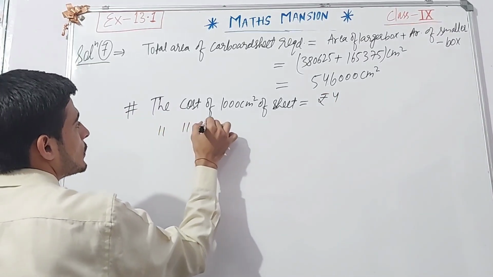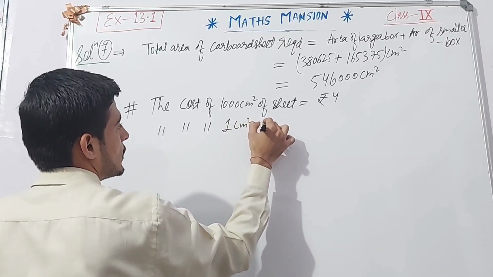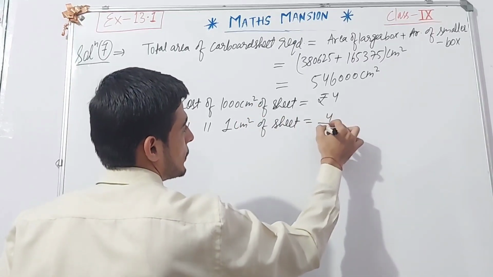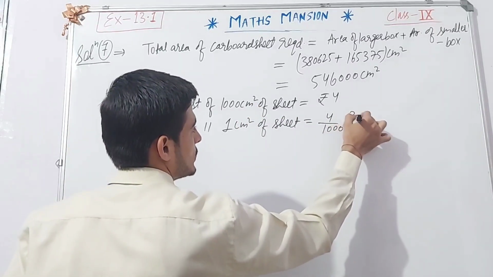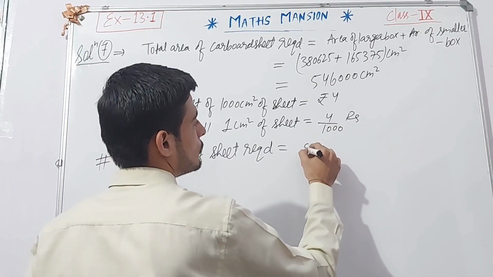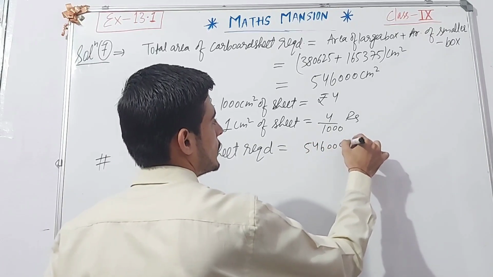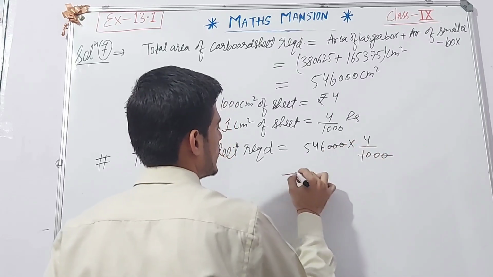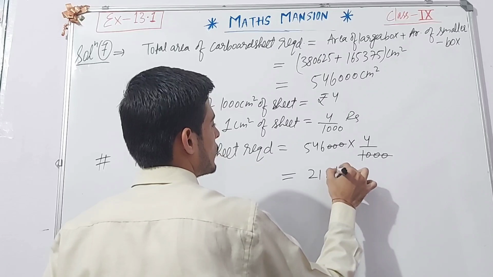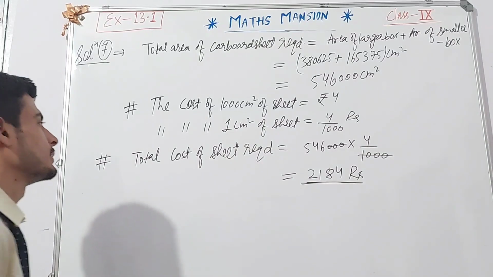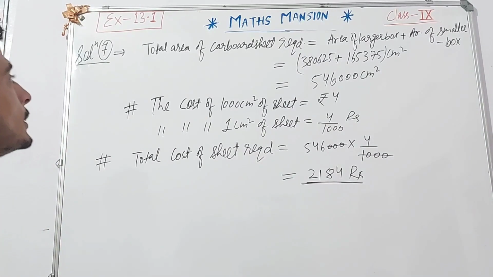So the cost of 1 centimeter square of sheet is 4 upon 1000 rupees, and the total cost of cardboard sheet required is 546,000 into 4 upon 1000. 1000 will be cancelled, and we'll get 2184 rupees. So 2184 rupees will be needed for the total supply of both of the boxes.